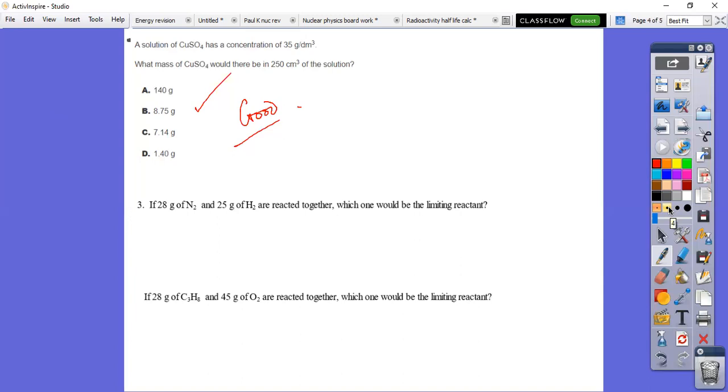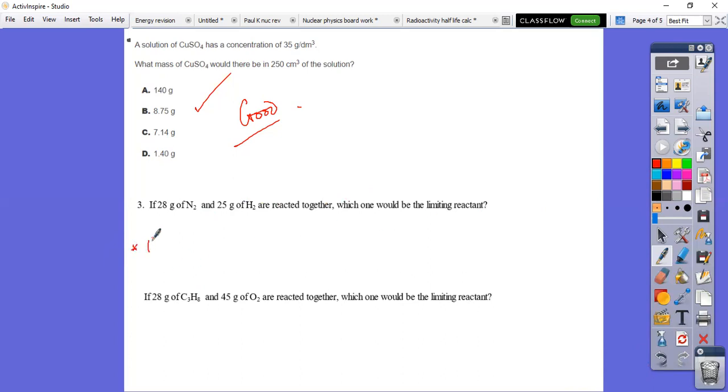Would it be the hydrogen? Not quite. And I'll put an extension here, just very similar.